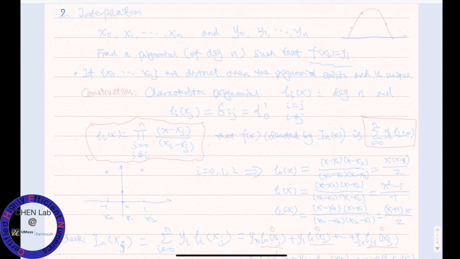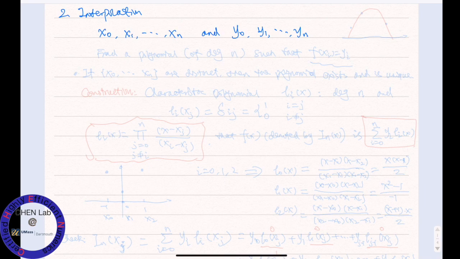Let's review the interpolation. Try to point out again a few important concepts. So here the idea is that you have x0, x1, ..., xn, and you have y0, y1 to yn, right?